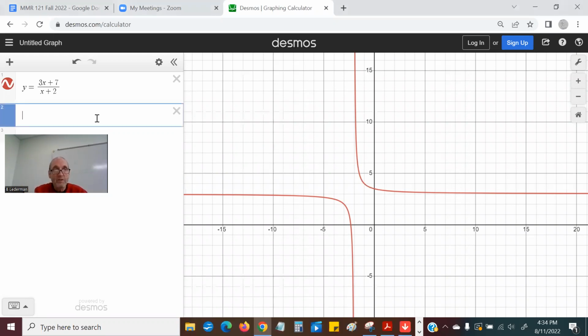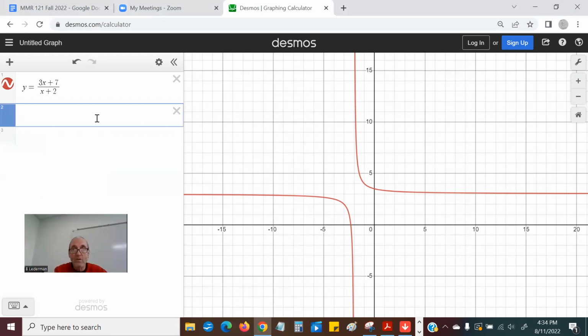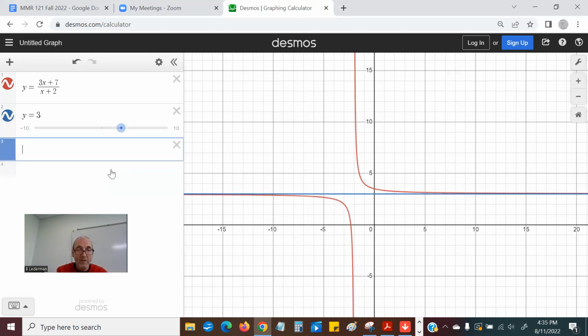Now I want you to notice something here. One big thing with rational functions is something called asymptotes. I'm going to draw two lines here, and you'll see why. Y equals 3, and x equals -2. I'm going to tell you in a second what's motivating me to get these two lines.